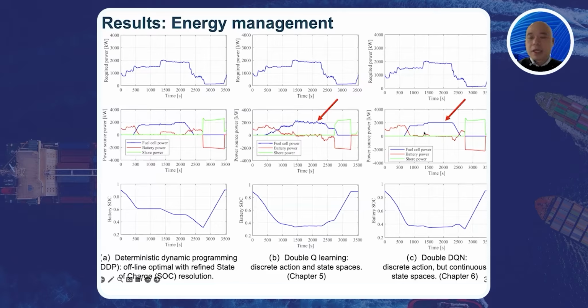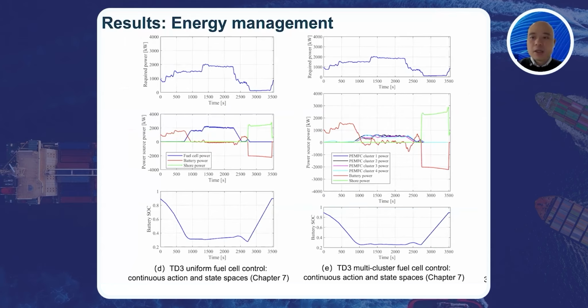We can see deep reinforced learning is really good at dealing with uncertainties coming from the real world environment. On the other side, for marine applications, we do have a lot of requirements on redundancy, so we did a separate study.